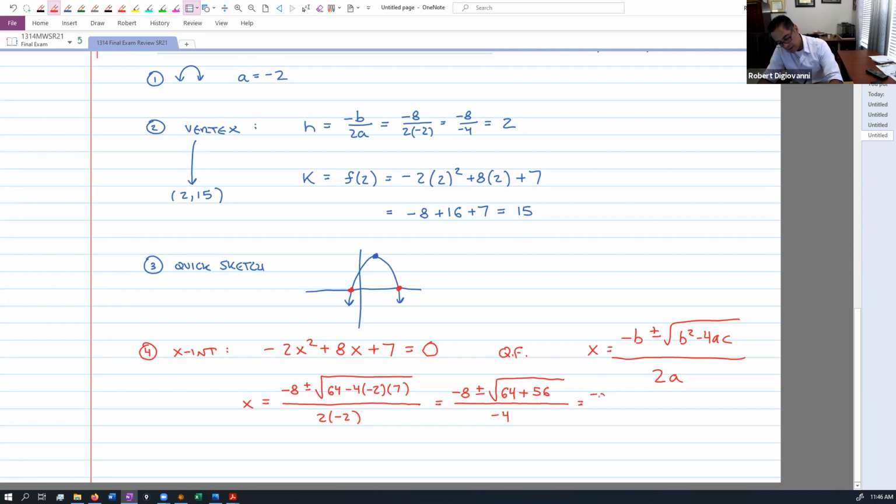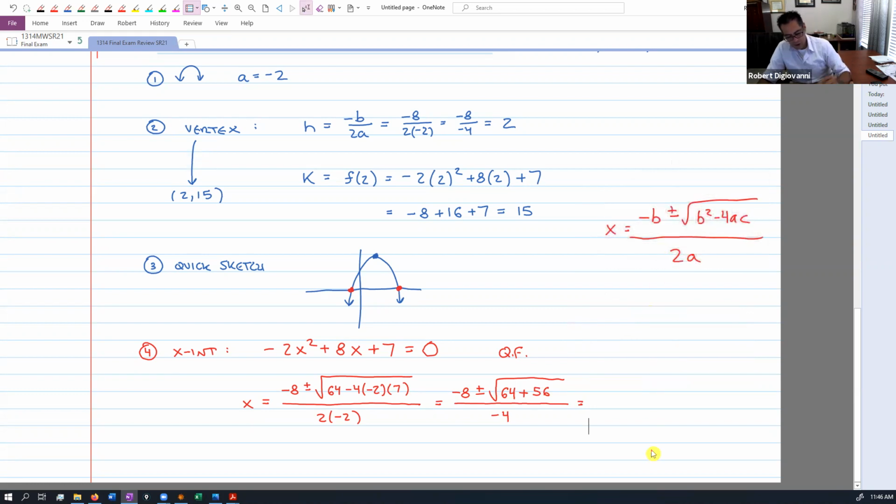This equals -8 plus or minus, I'll move down. I think I'm out of room here. Let me move this up. So this will be -8 plus or minus the square root of 120, I believe, all over -4.